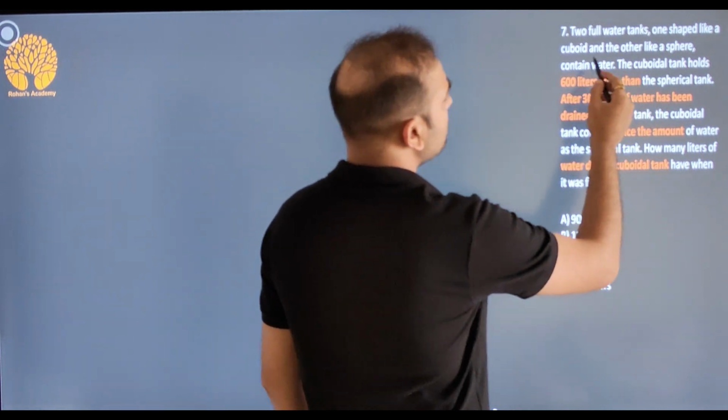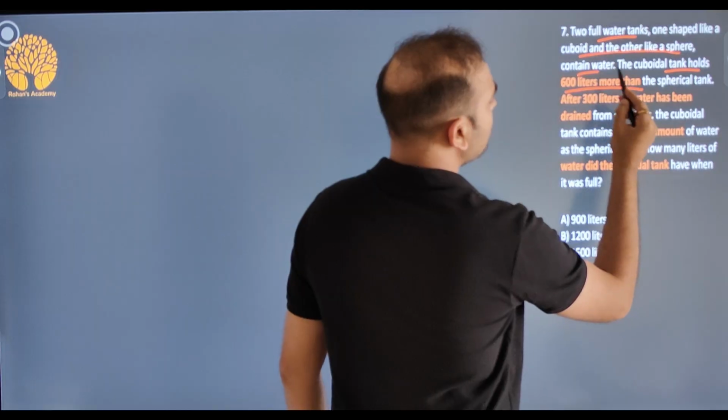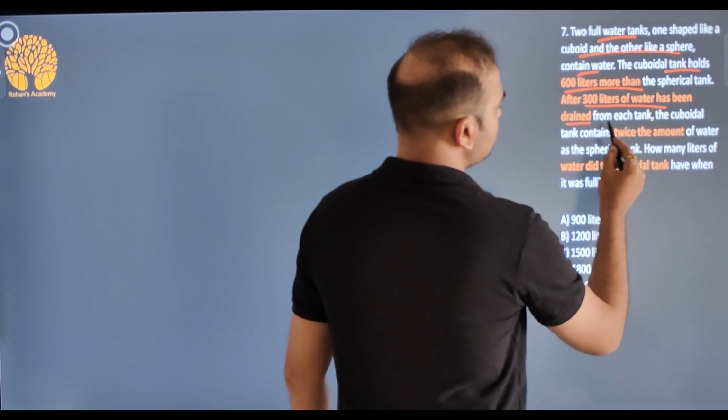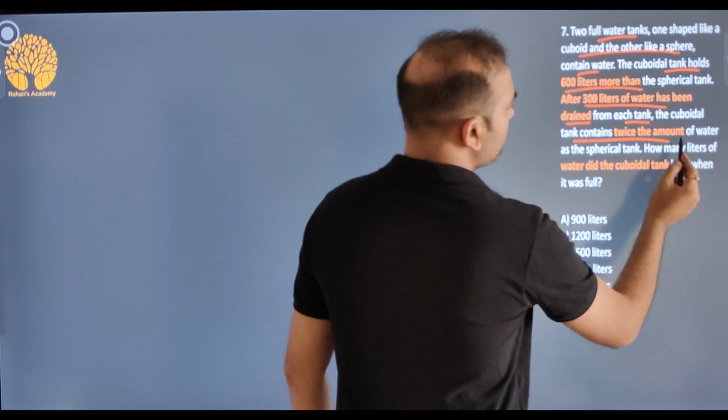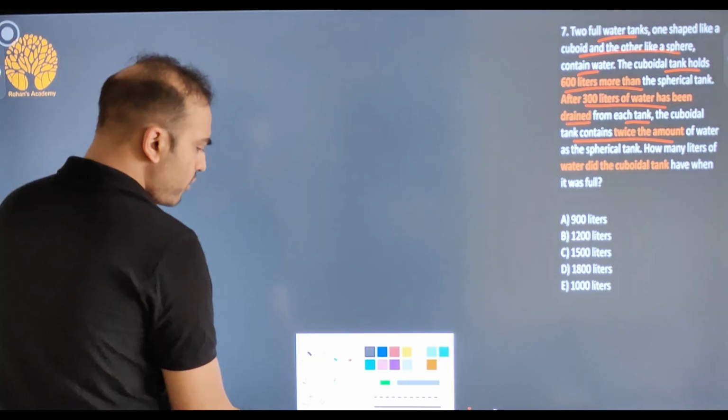Moving on to the next one. So we have two water tanks. The cuboidal tank holds 600 liters more than the spherical tank. 300 liters of water has been drained from each tank. The cuboidal tank contains twice the amount of water as the spherical tank. No problem.